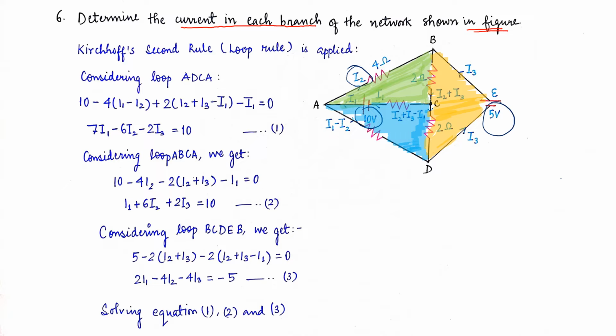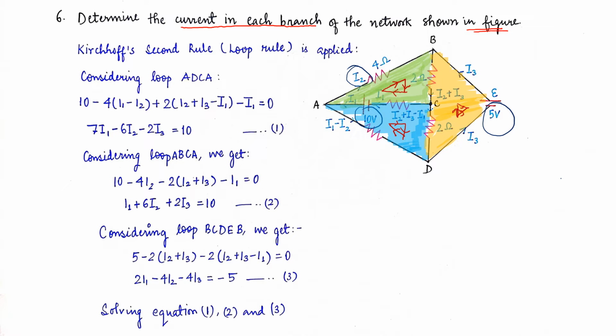Now the current flow will be in this direction for loop number 1. Similarly, for loop number 2, the current flow will again be clockwise, and over here also we will take the clockwise current only.